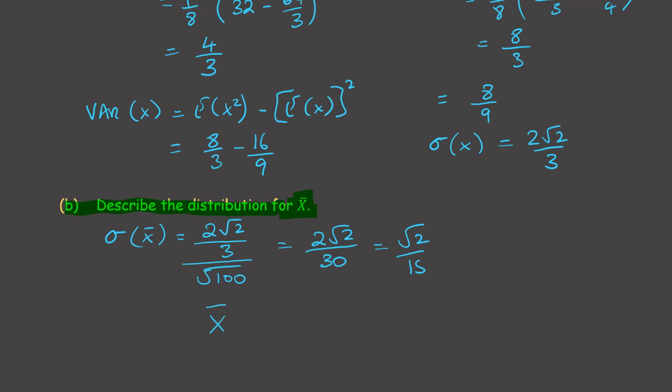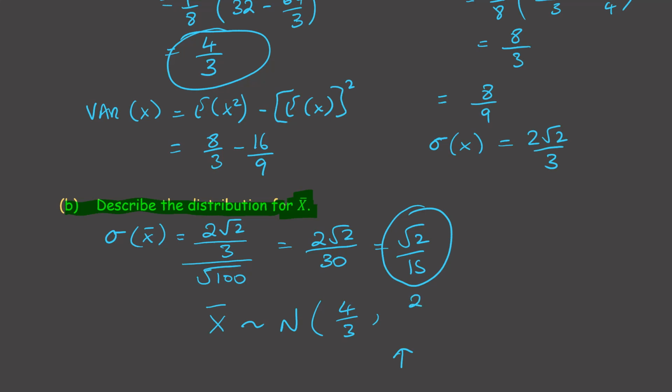So x bar should follow a normal distribution with mean 4/3, the same as the population, and then that's the standard deviation. Remember, the parameter here is the variance, so that is going to be (root 2 over 15) squared.